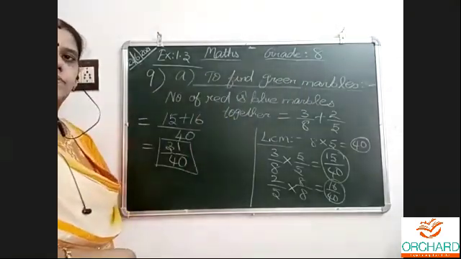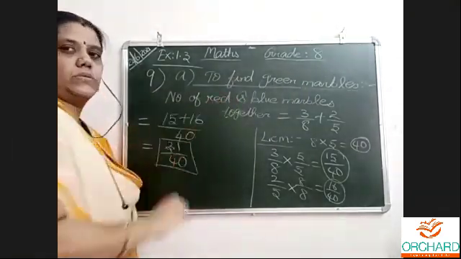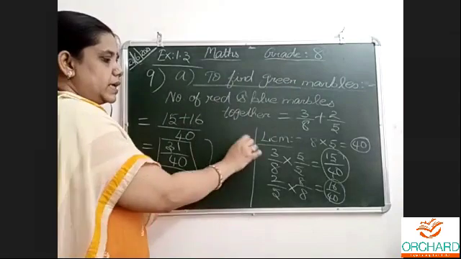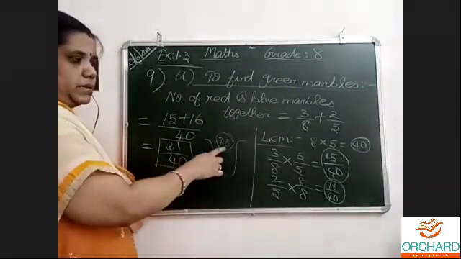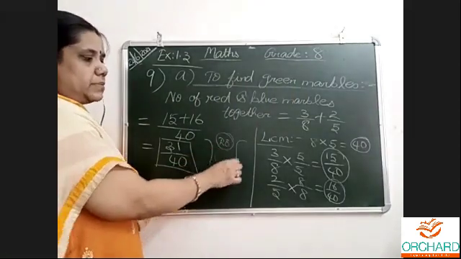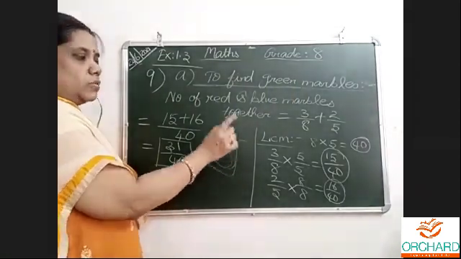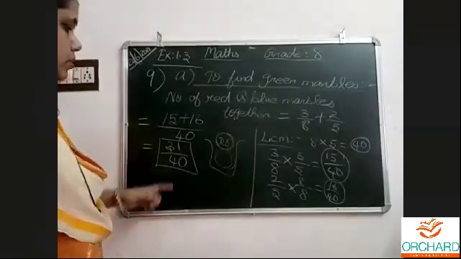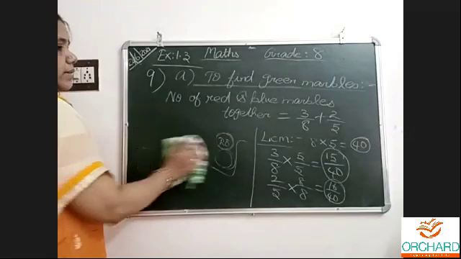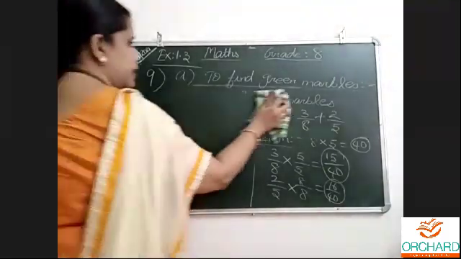To find green, now I know red and blue. One box has red and blue together, and the remaining marbles are only green. So 1 minus this 31 by 40, we will get green. Now I will do the subtraction.